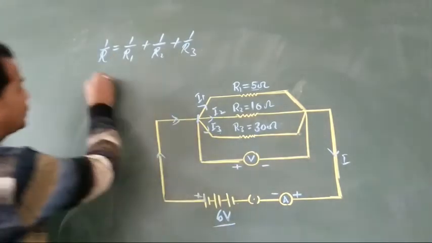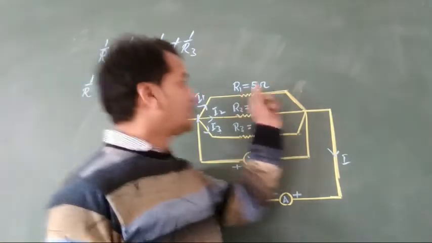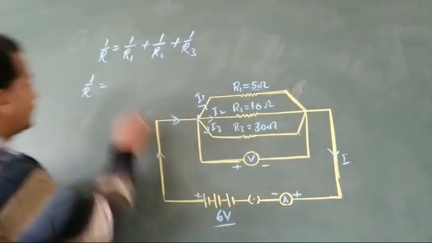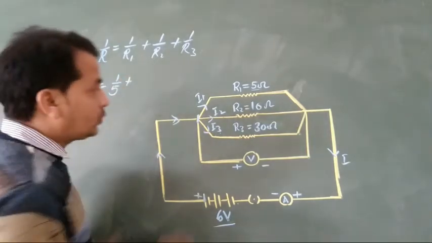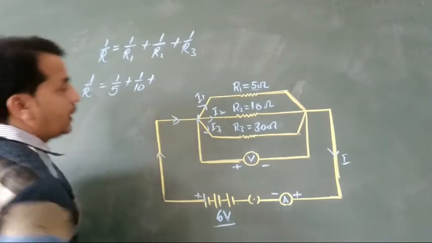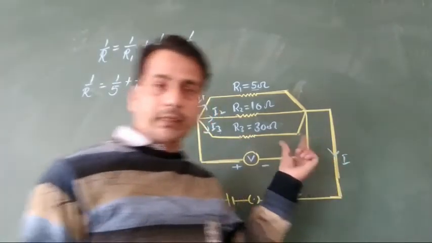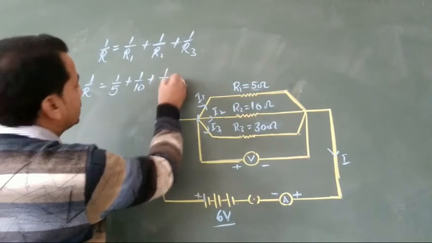So 1 by R equal to, the value of R1 is 5 ohm, so 1 by 5, plus R2 is 10 ohm, 1 by 10, plus the value of R3 is 30 ohm, 1 by 30.